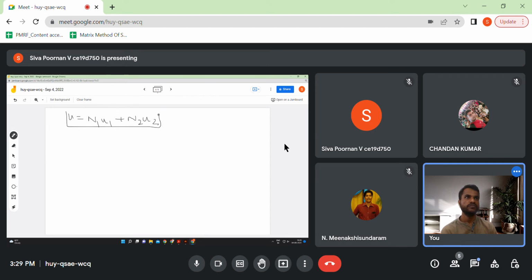So we can find out the displacement at any point if we know the displacement at the endpoints. These things are what are called either shape functions or interpolation functions. So you have these n1 and n2 being called interpolation functions. Why function? Because they change with x, like they are functions of x.